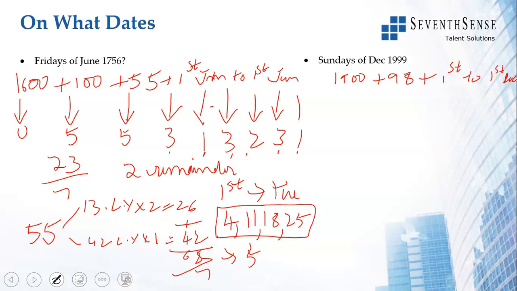Or I try to find out what is 1st Jan 2000. If I find out what is 1st Jan, I can find out what is 31st December, and then I can solve this question. 1st Jan of 2000 would be 1900 plus 300 plus 99.